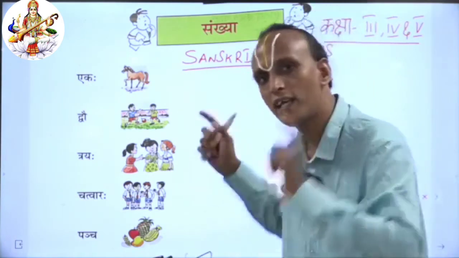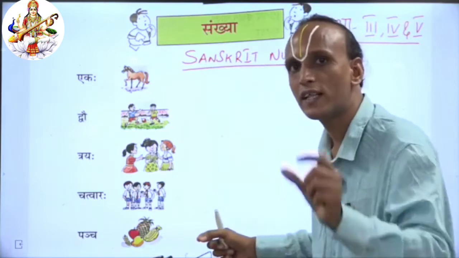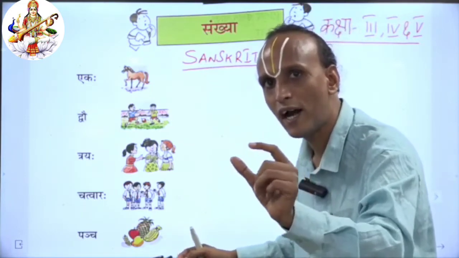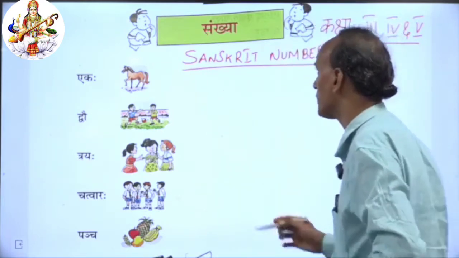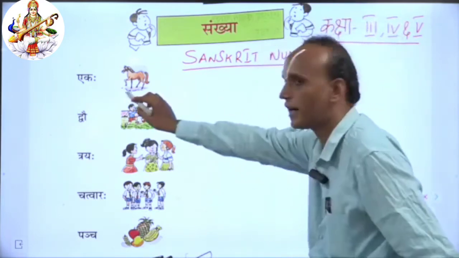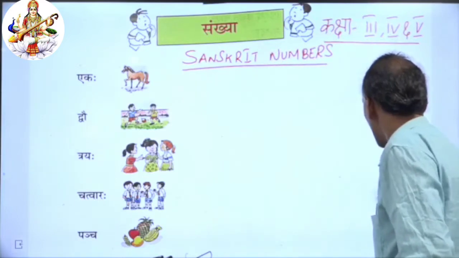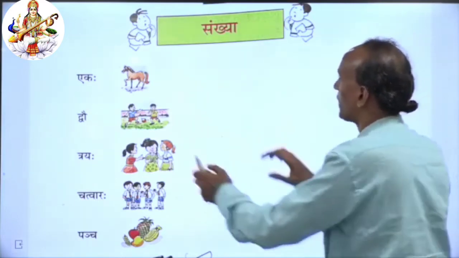Right? See here, they have given the Sanskrit numerals and a picture. Okay, children? See here. Ekaha. Ekaha means what? One.